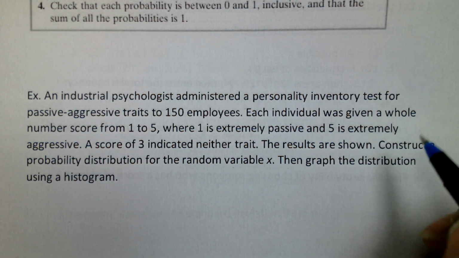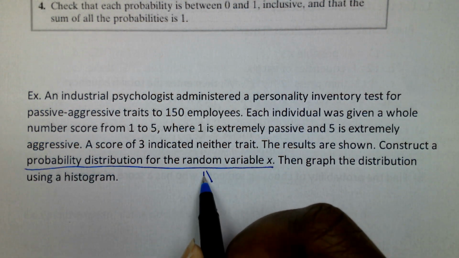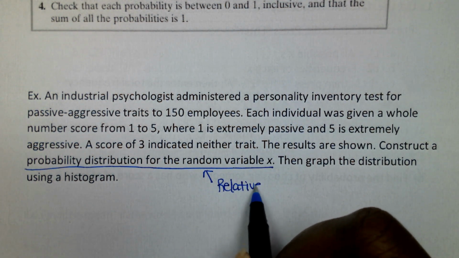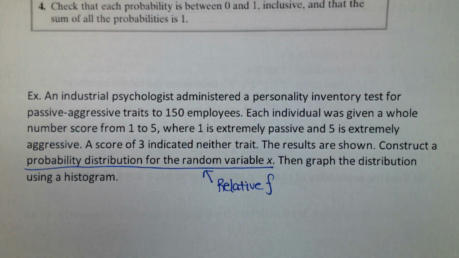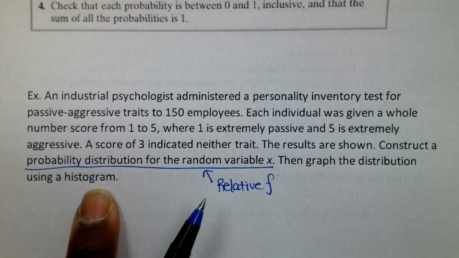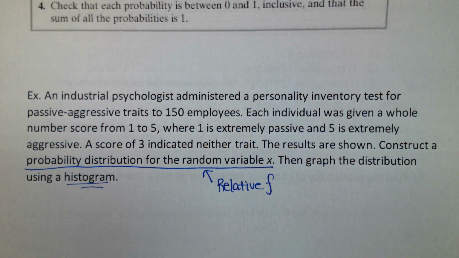Doesn't that seem like it's real crazy? Probability distribution for the random variable x. That means you're going to find a relative frequency, and put it in a nice graph. And we're going to graph it using a histogram. So whenever you have distributions, we use histograms. So that means those bars are going to touch.